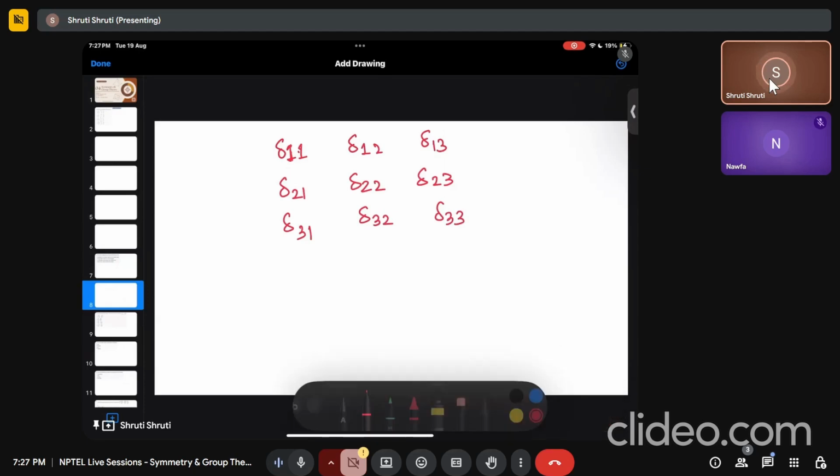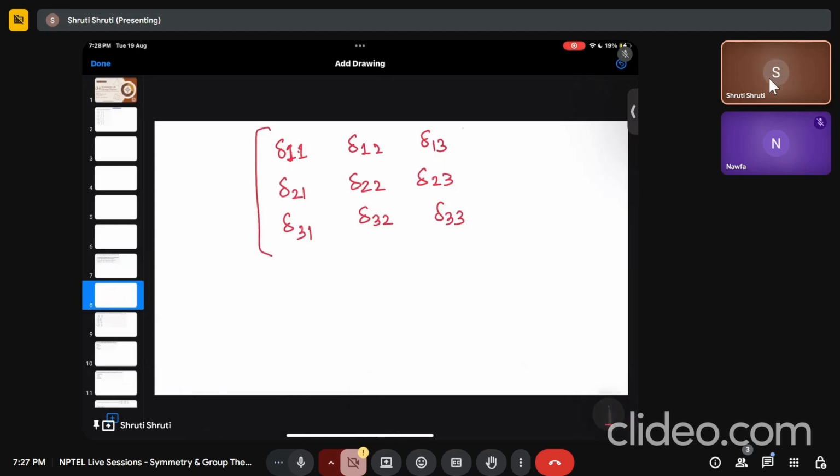Suppose I am writing a 3 cross 3 matrix, and this is delta ij for 3 cross 3.